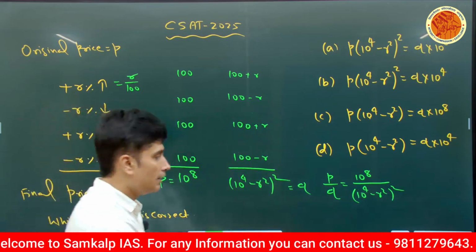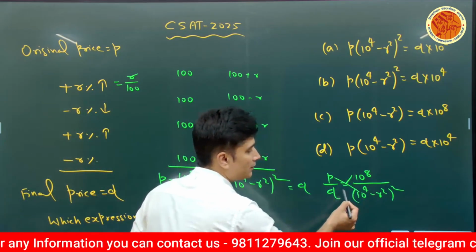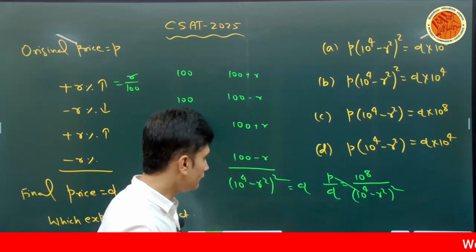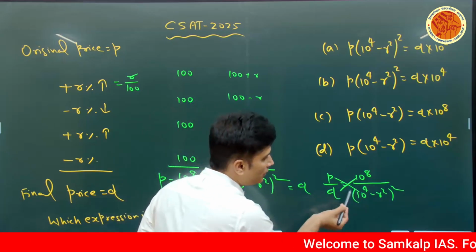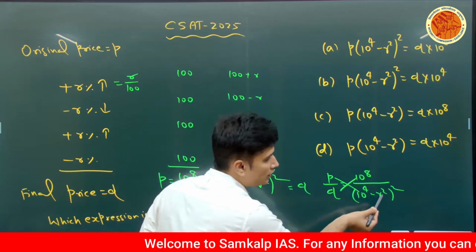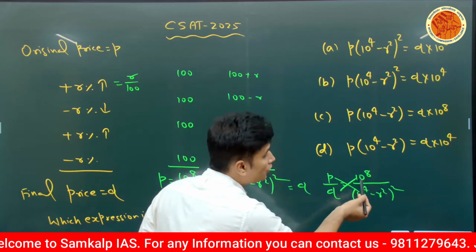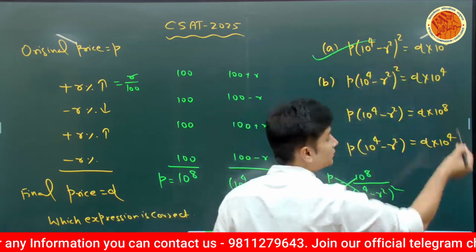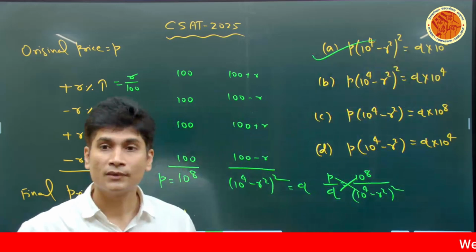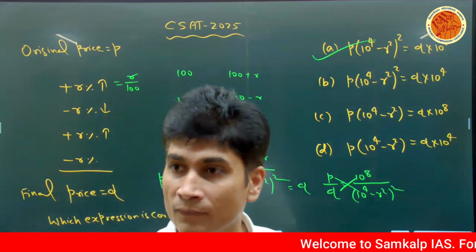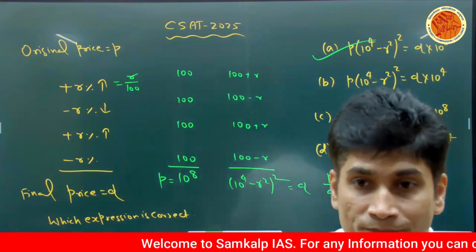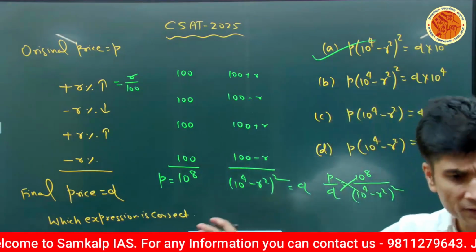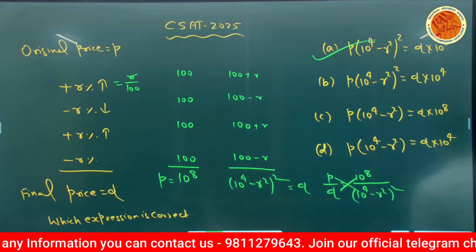Yes or no? Now this multiplied with this multiplied with this. Okay, so P into (10 to the power 4 minus R square) whole square equal to Q into 10 to the power 8. Only one option is there, and that is A. Done? Understood? Yes or no? See this and tell me if you have any problem.